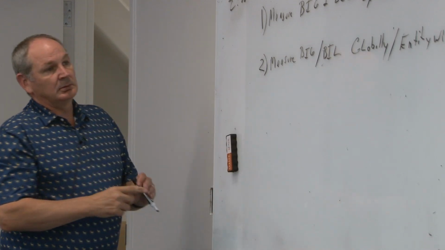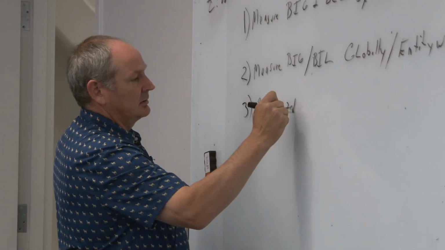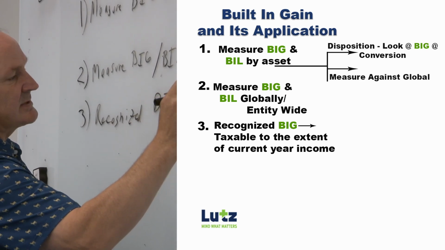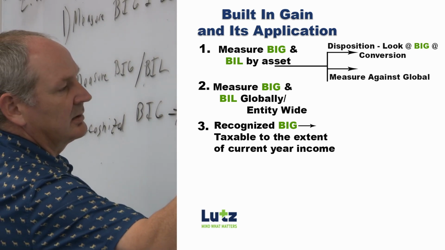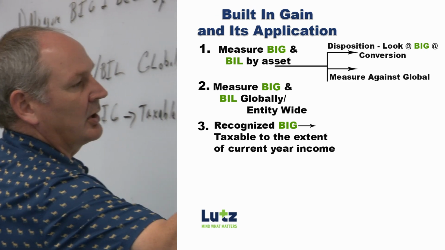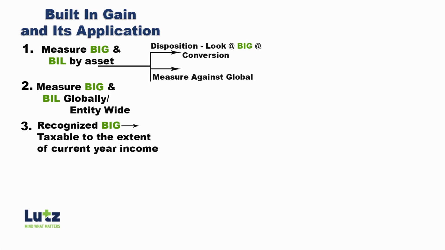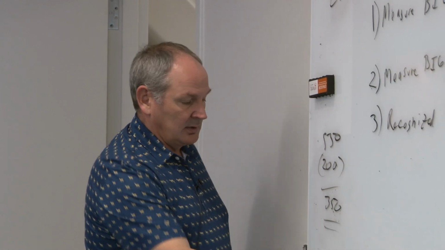So the next rule, Rule 3, is if you have a recognized built-in gain, it's taxable to the extent of current year income. So what that means is we said that we had 550 of global, we had 200 that we recognized, and it got us down to 350 remaining.